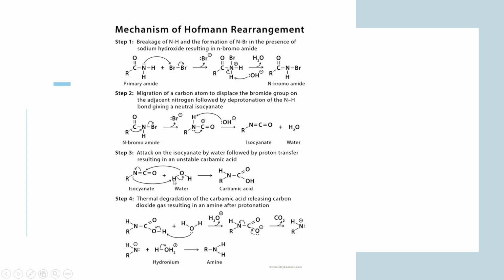Okay, in this isocyanate, this carbon atom is highly electrophilic, because its electron pairs are getting pulled both the sides by these two electronegative atoms. Okay, so this water molecule lone pair of electron will be donated to the electrophilic carbon, and you will get this carbamic acid formation as the third intermediate product in the reaction.